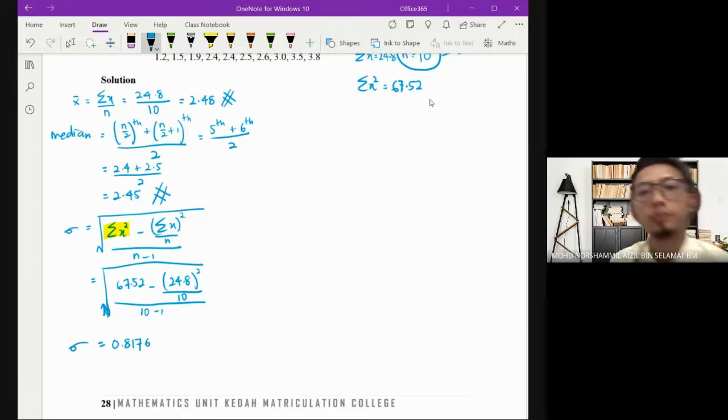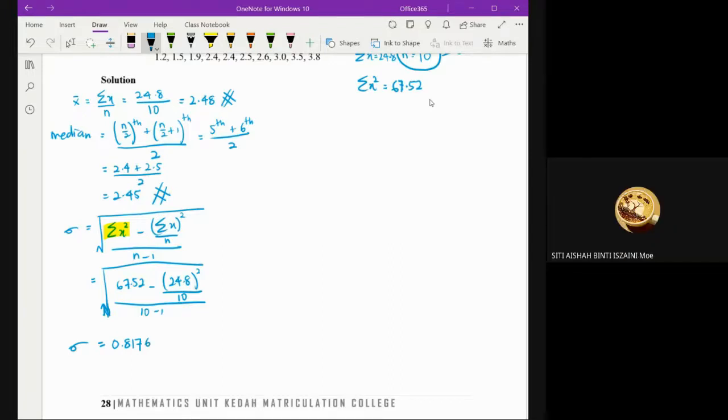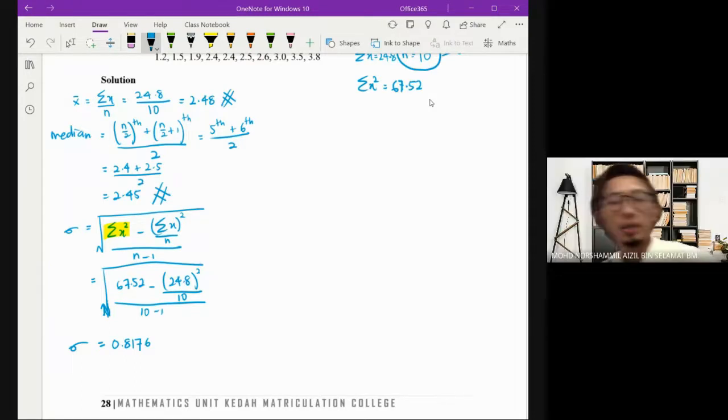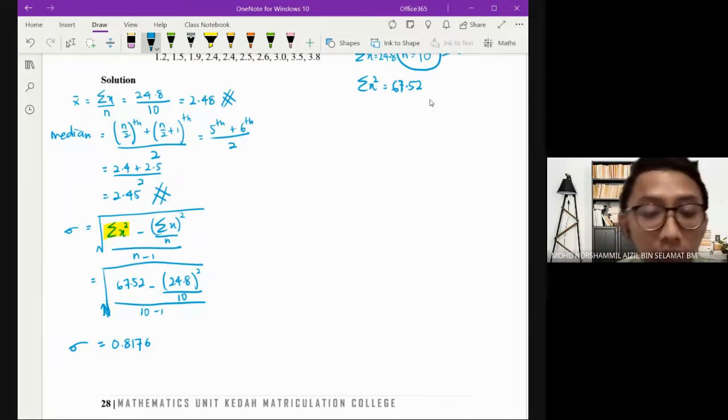Yes, Aisyah, I got 0.82 if you're at the back. Oh okay, I've noticed. Okay, sorry. Guys, please find your standard deviation up to 4 decimal places.